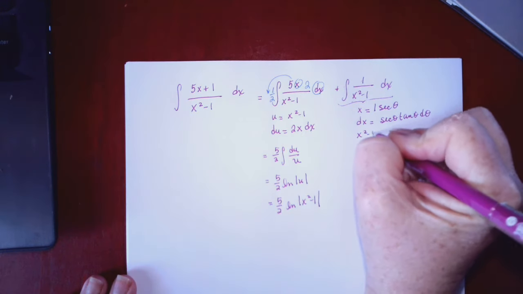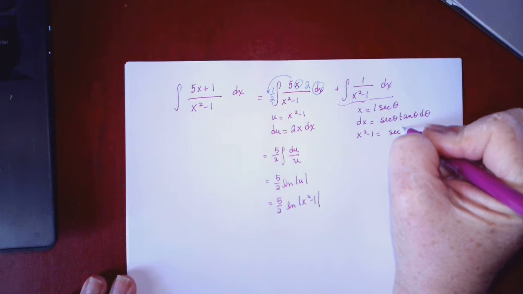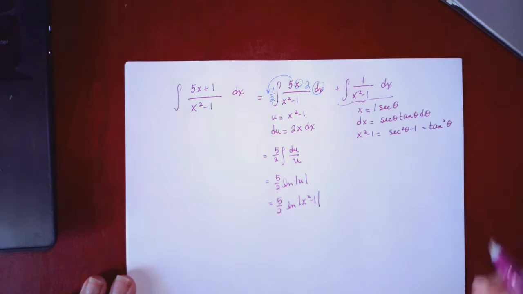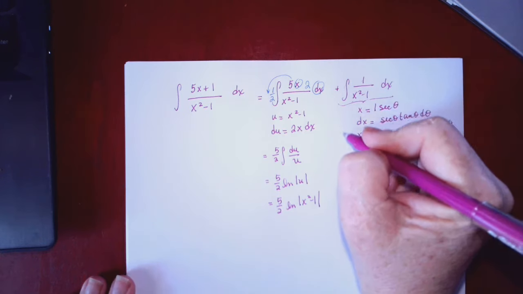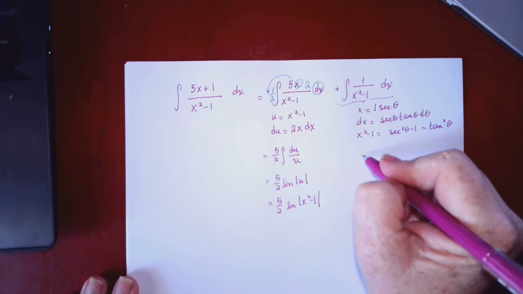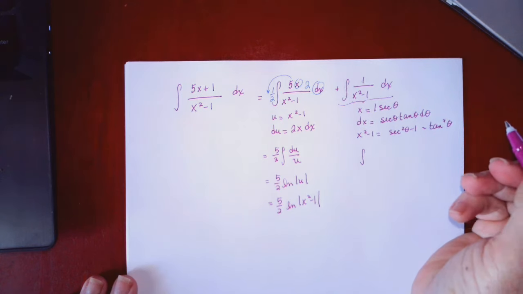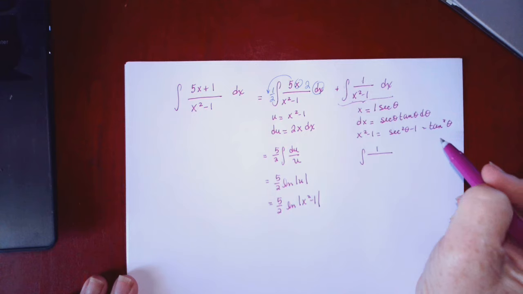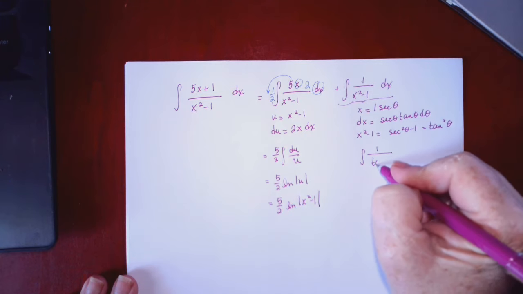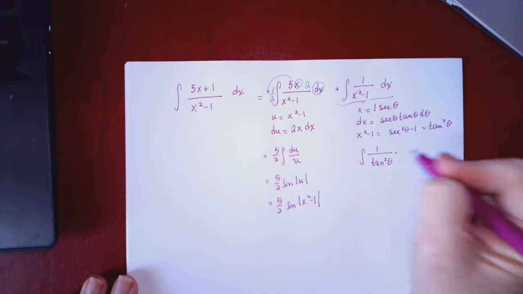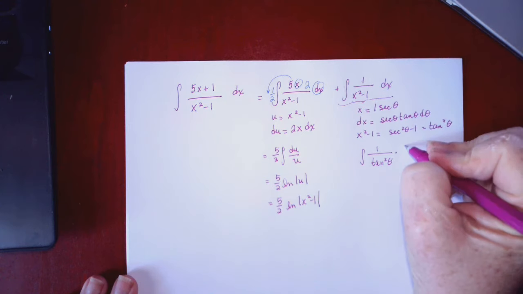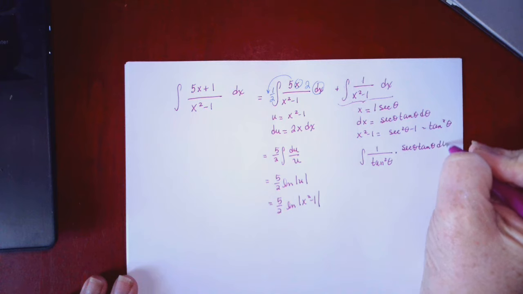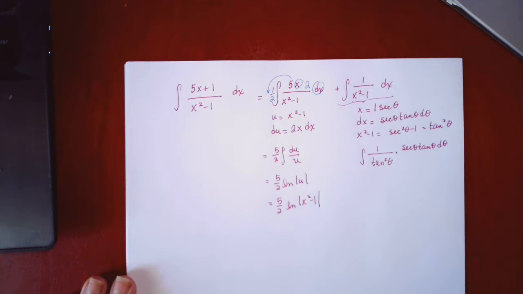And x squared minus 1 would be secant squared theta minus 1, which is tangent squared theta. So for this integral, we would get the integral of 1 over x squared minus 1, which is tangent squared theta, times dx, which is secant theta tangent theta d theta.